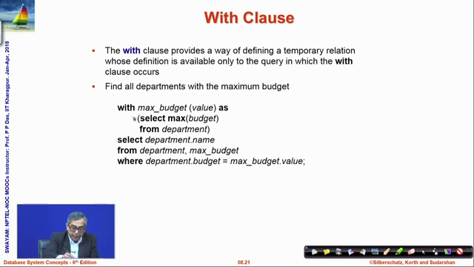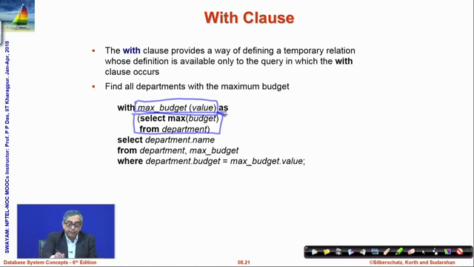So, look at what has been done here. We have a nested query which aggregates the maximum budget from the departments. So, this gives you the value of the maximum budget. We make that into a temporary table, max_budget, with an attribute value.